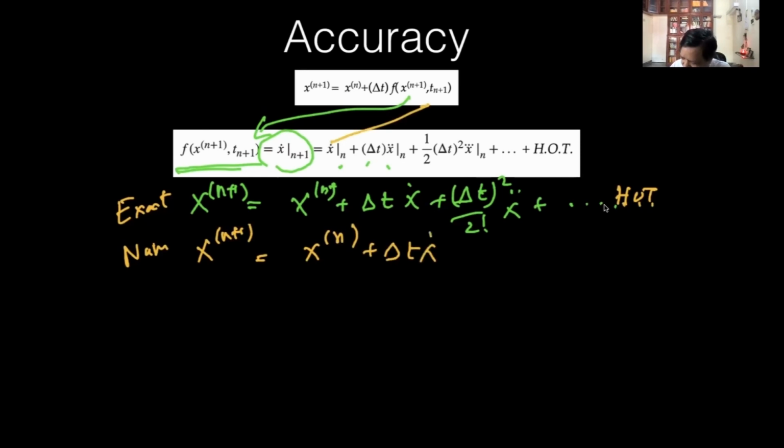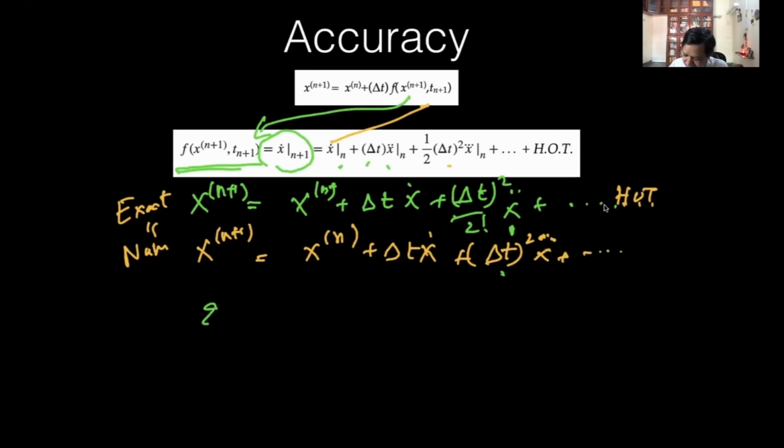So x dot plus delta t times delta t here, so delta t squared x double dot, and so on. Next is this term, but you can immediately see there is a problem between these two, exact and numerical. The difference is right here. My numerical solution has delta t squared and my exact solution has delta t squared by factorial 2, which is 2.